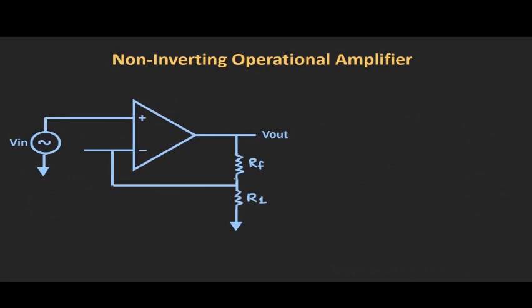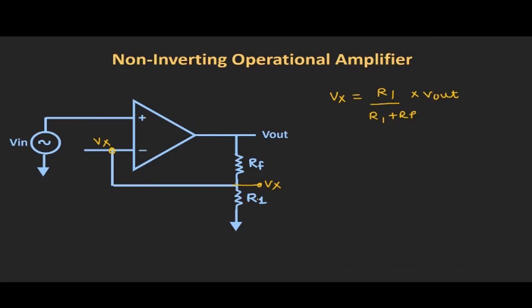Let us say here at this point the voltage is Vx, and this Vx voltage is going as a feedback to this inverting input terminal. Now using the voltage divider rule, we can say that this voltage Vx is equal to R1 divided by R1 plus Rf into Vout. So this voltage will be going as a feedback to this inverting input terminal, so at this point also the voltage will be equal to Vx.